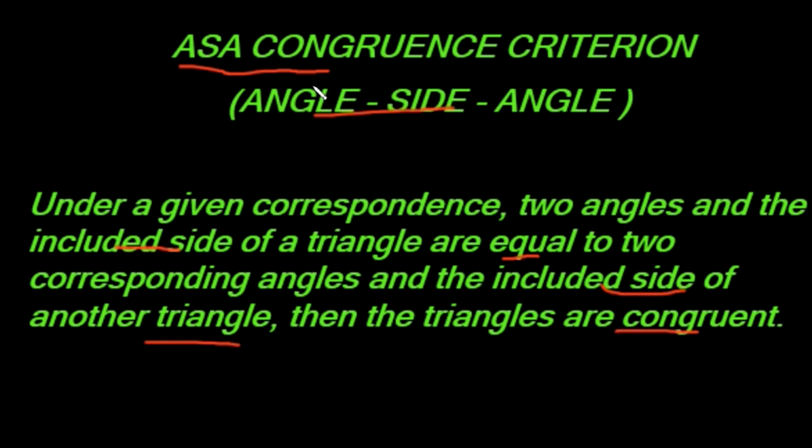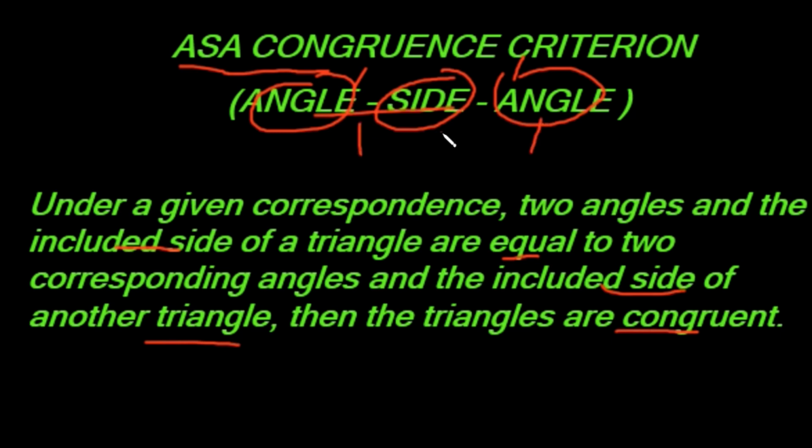See, the two angles and the included side lies in between the two angles. Under a given correspondence, two angles and the included side of a triangle are equal to two corresponding angles and the included side of another triangle, then the triangles are said to be congruent.